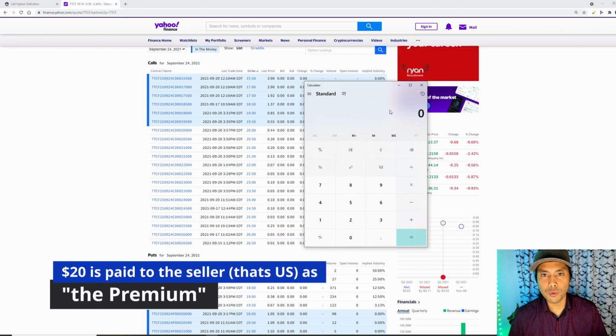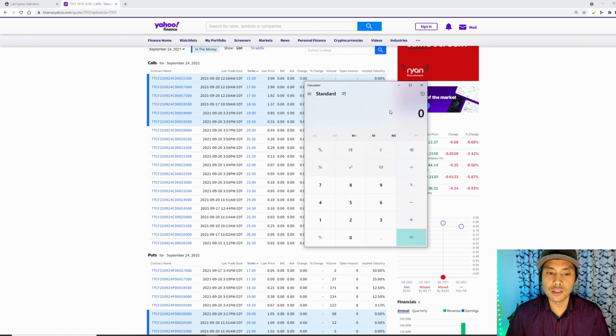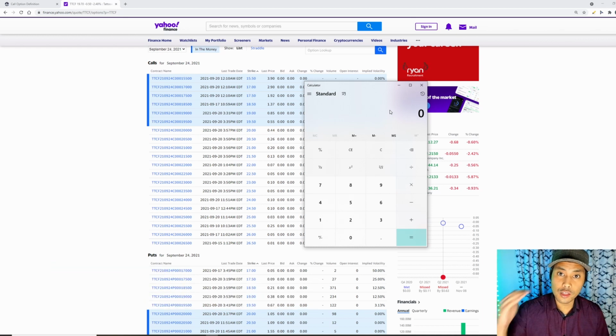So let's calculate right now the full profit breakdown of how much this trade is actually going to be if I sell these shares at $21. Let's fast forward into the future, and say it's September 24 and the shares are now trading at $21. I would then have to sell my stocks to the buyer. So the price is $21 multiplied by 100 shares, so they would have to pay $2,100 for my shares, minus how much I bought them for.